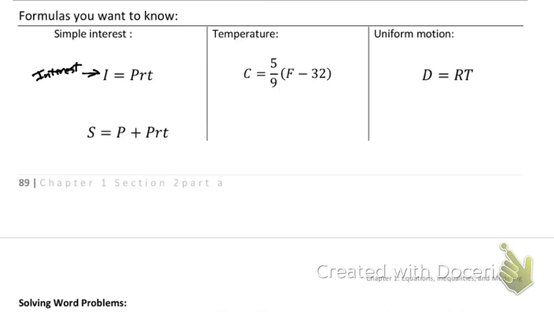Your interest is going to equal what's called your principal. Your principal is your initial cost, payment, investment, that initial amount.